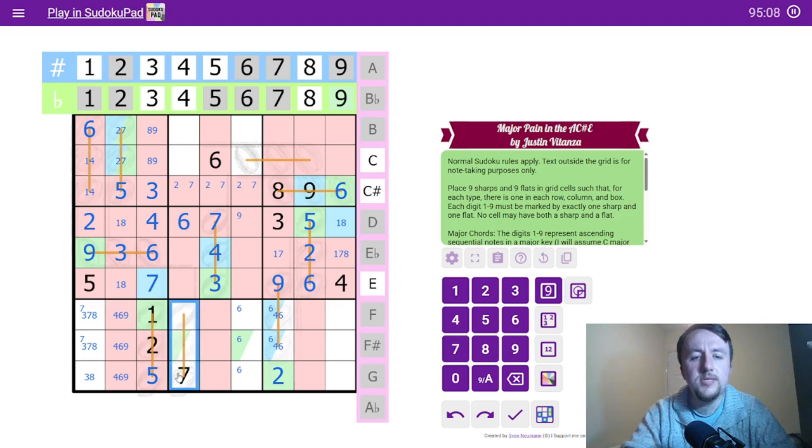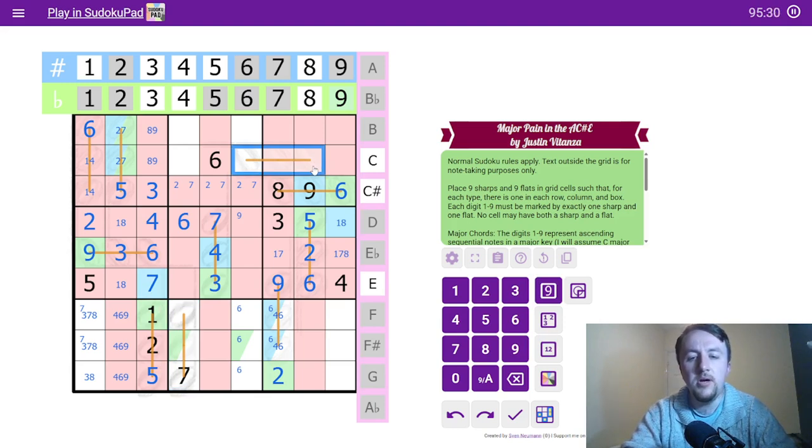Because if this was C major, I expected C major to be the most flexible of all of them, but actually if this is C major, then the only way that 7 can contribute to a C major chord is if it's a sharp 7, but we've got a sharp 7 over there, so this is not C major, so this is C major.